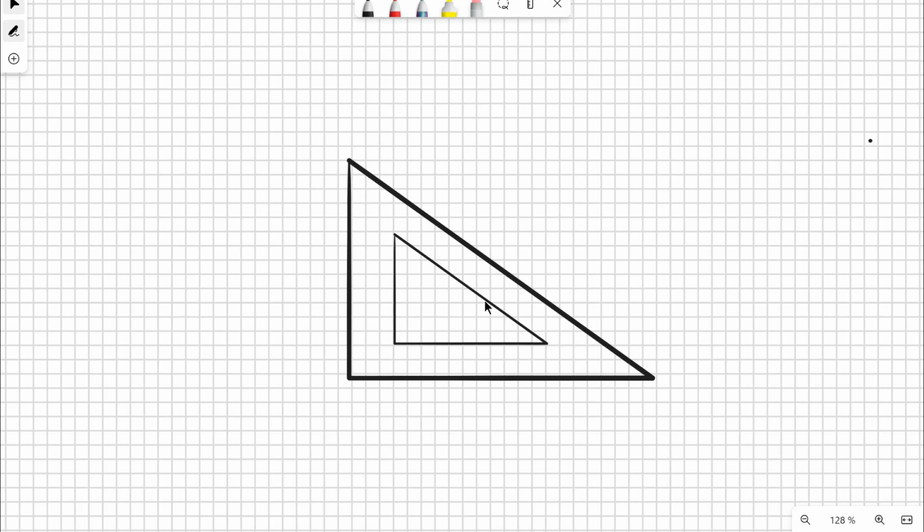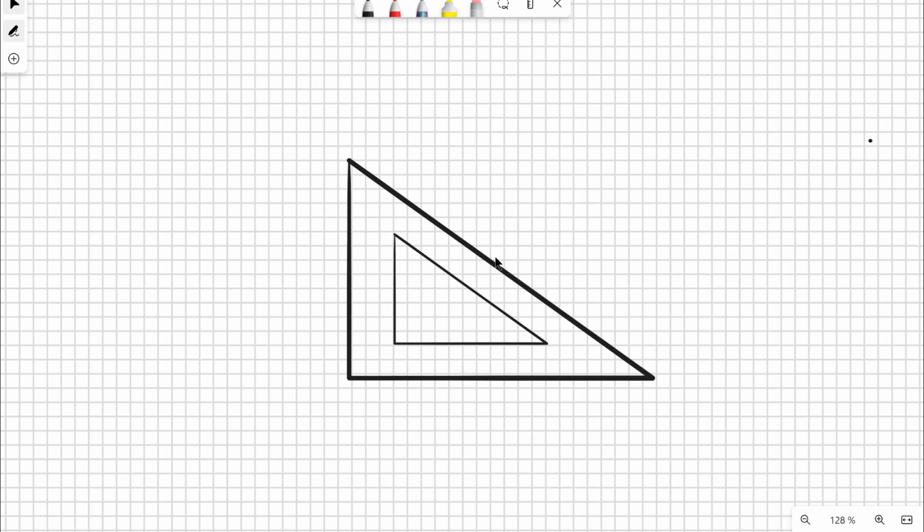One of those reasons is that their sides are parallel in pairs. We name this side as the side that corresponds to this side, and this to this side, and this side to this side are the corresponding sides.